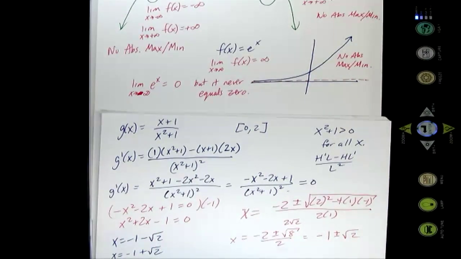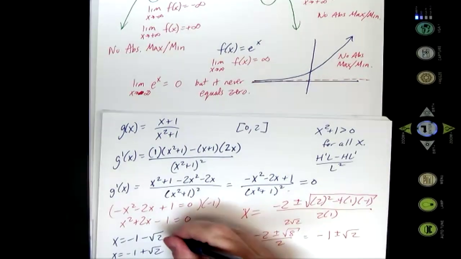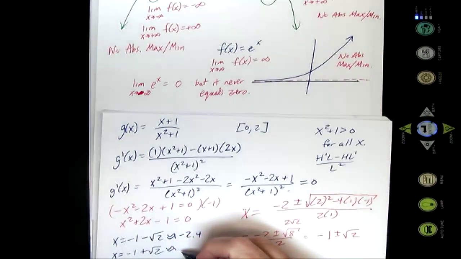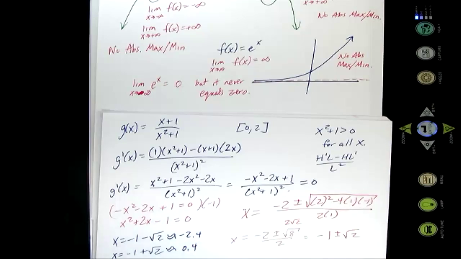What are those values? This is negative 2.4-ish. And this is approximately 0.4. That's the x side.